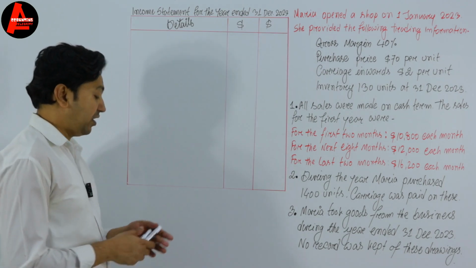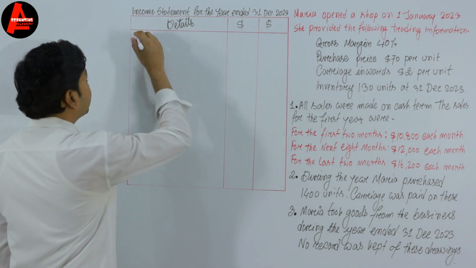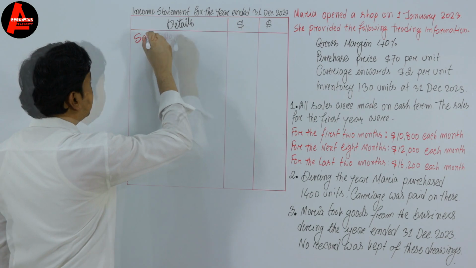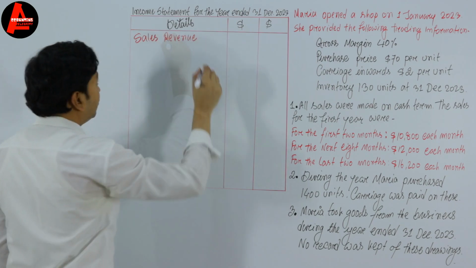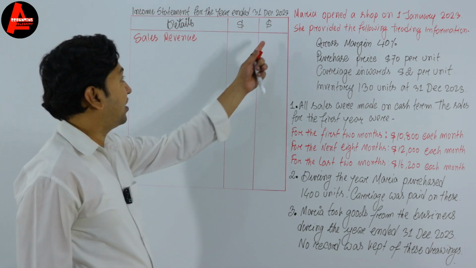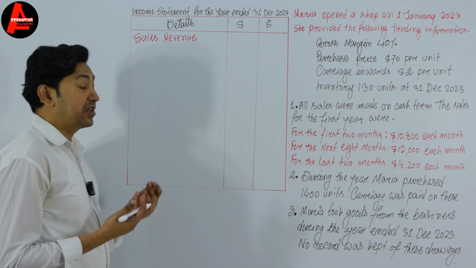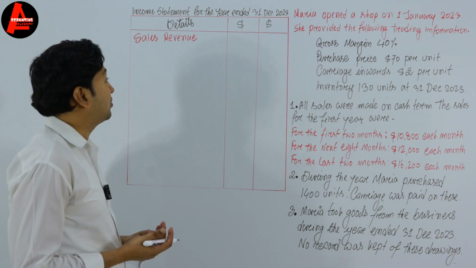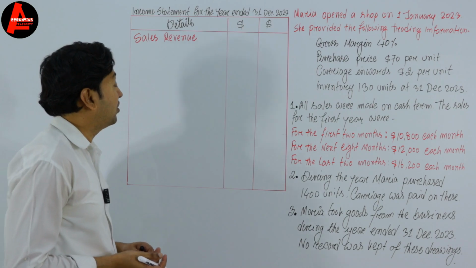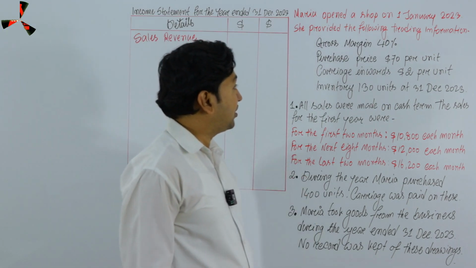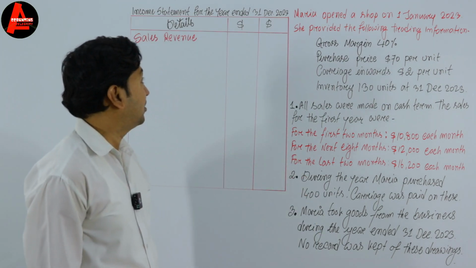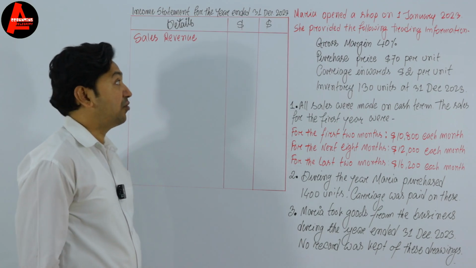Let us write sales revenue here in the outer column. If we have sales returns in the question, we need to subtract them from the sales revenue. But here in the question we did not see any sales returns, so we don't have to think about subtraction.